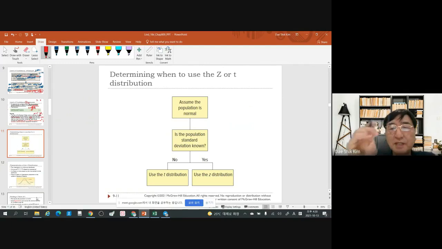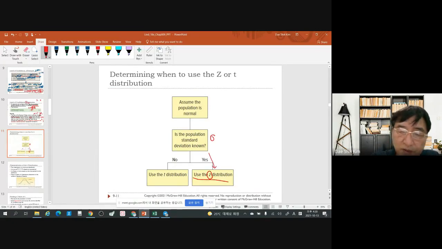So there are two cases: sigma is known or not. When it is known, we will use the normal distribution. When the population standard deviation is unknown, the t distribution must be used.